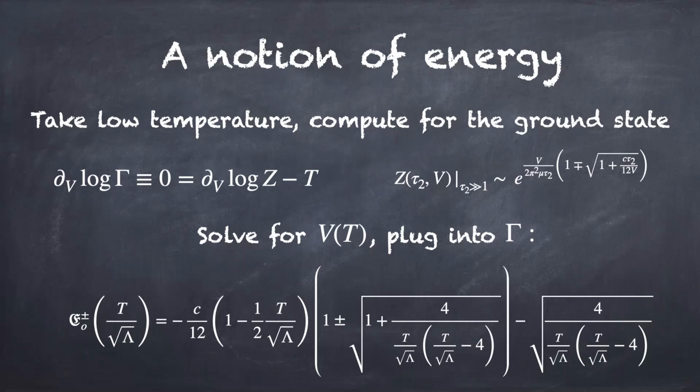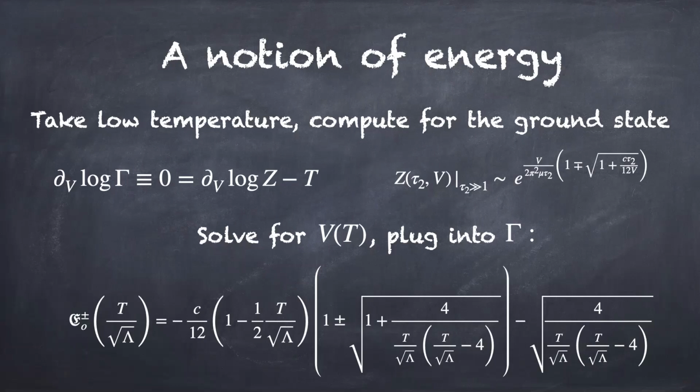Then, if we simply plug into gamma, we find a value for this frac E, which looks rather involved and complicated. But one can study its properties and show that it's well behaved.